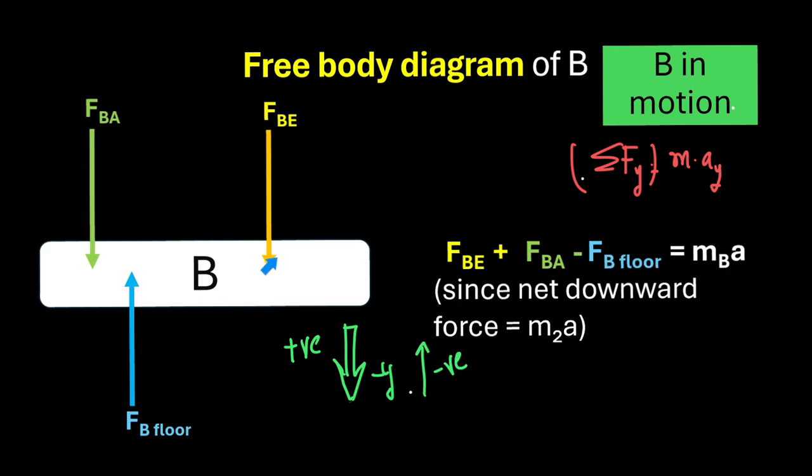So since these two arrowheads are along the direction of motion, these would be considered positive. And since the arrow is against the direction of motion, this normal reaction would be considered negative. And therefore, you have two positive and one negative equal to the mass of block B into acceleration of B along the negative y direction. Okay.